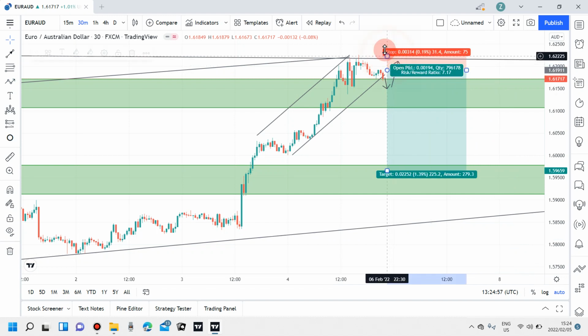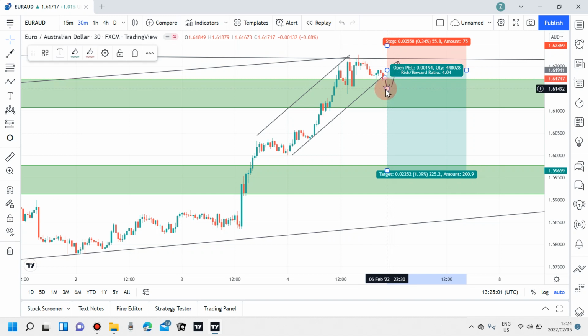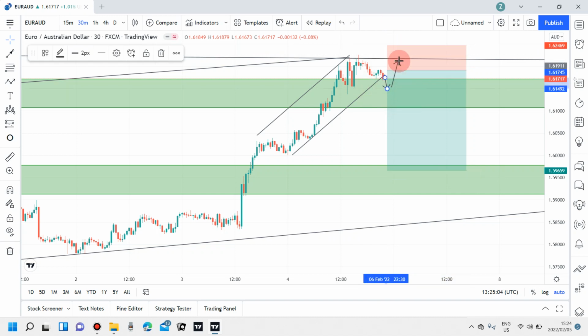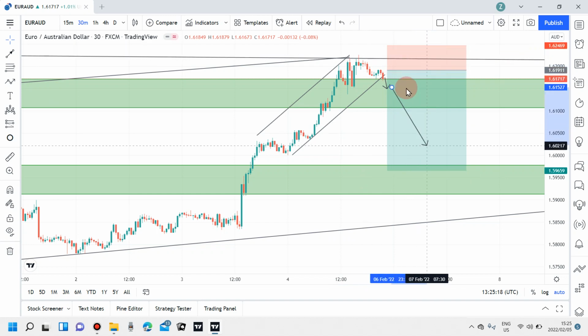So you would place your stop loss where it invalidates your trading setup. So if the market creates our double top, it's going to create some small wicks here, as you can see, before actually moving back down, or it might form our head and shoulders.